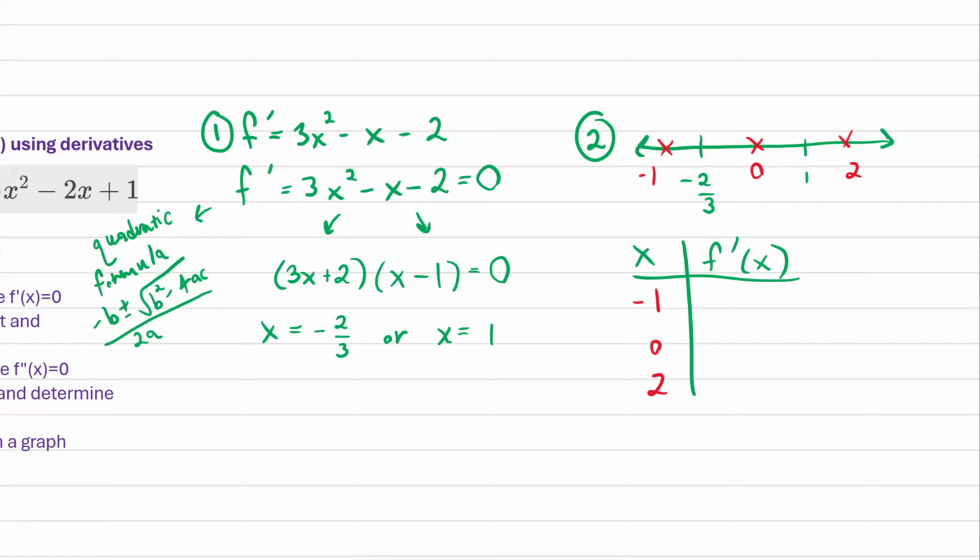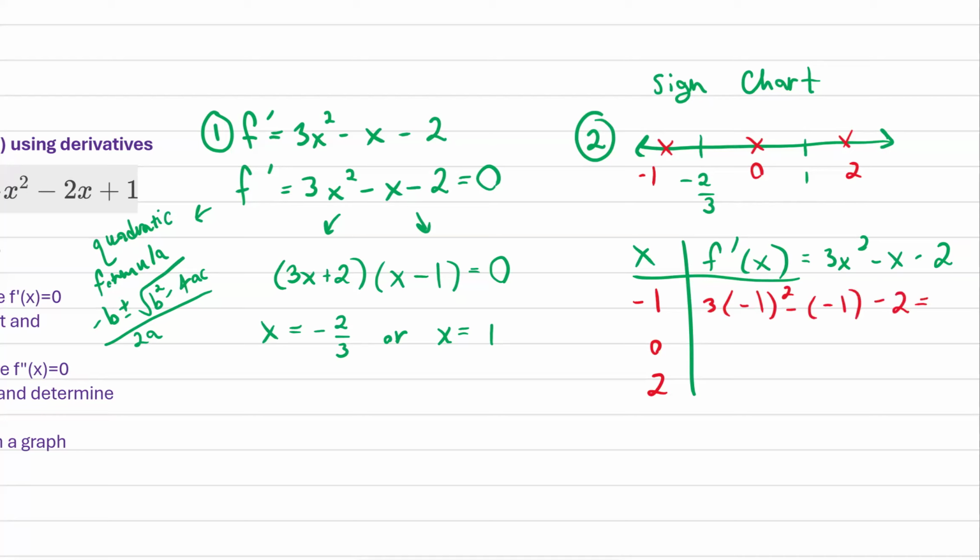And let's see what we get. Remember, f prime is the function we found in step 1. So 3x squared minus x minus 2. Now this is a sign chart. So remember, we only care about the sign, not necessarily what the exact value is. So we'll see if we get positives or negatives at the top to tell us the direction of the function. So we plug in a negative 1 into this function, get 3 times negative 1 squared, which is 1.